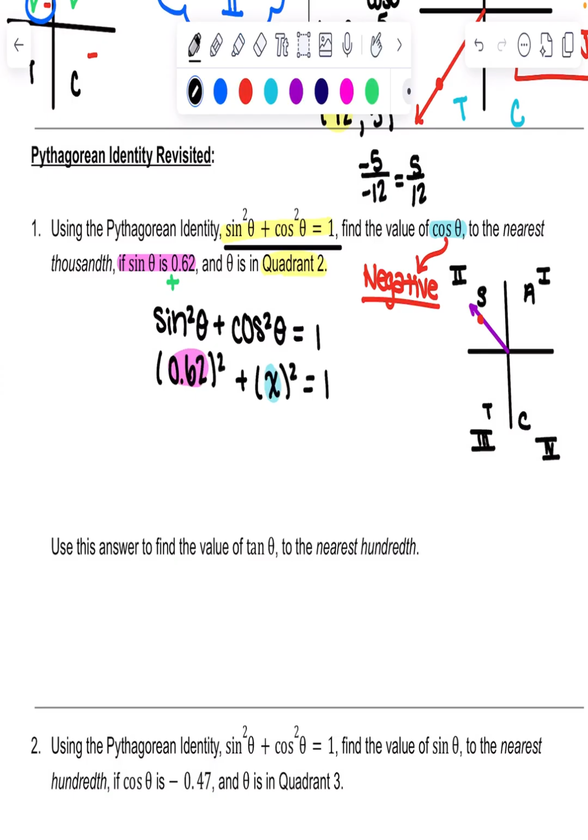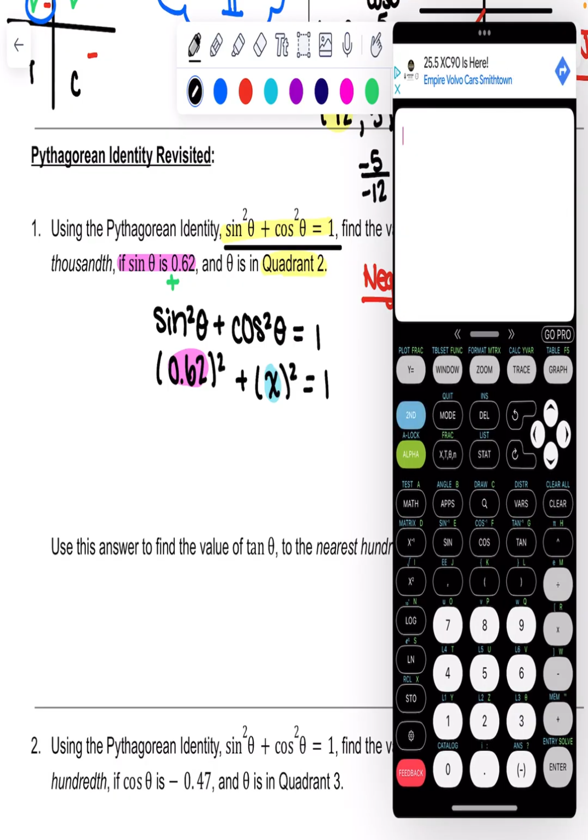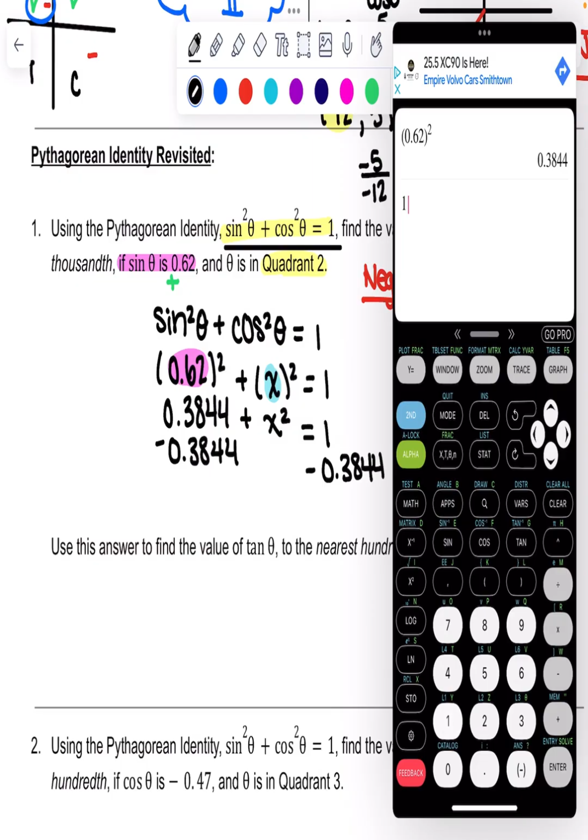Alright, I'm going to take out our calculators. 0.62 squared equals 0.3844 plus x squared, which equals 1. Now basic algebra, solve for x, subtract from both sides. So we get x squared equals 0.6156.